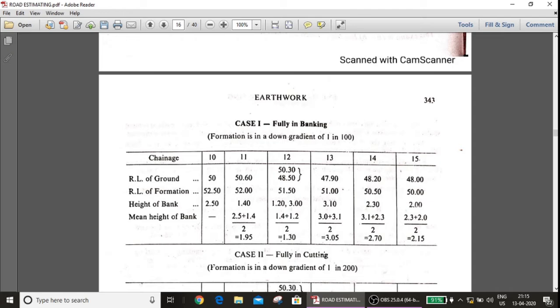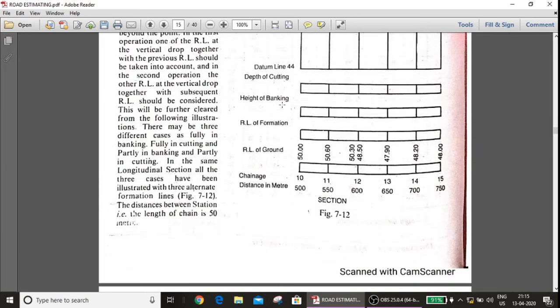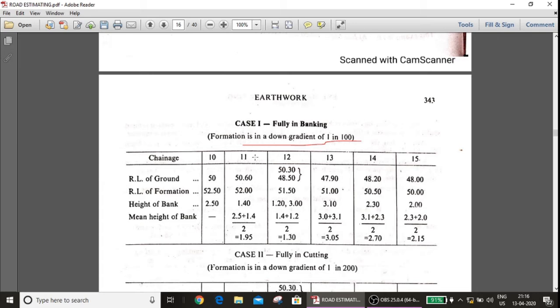So case 1, fully in banking, where the formation level which they have given is 52.50. So 1 in 100, chainage 10, 11, 12, 13, 14, 15. It is a downward gradient of 1 in 100.